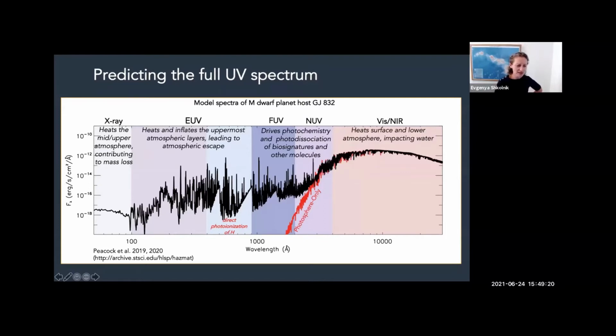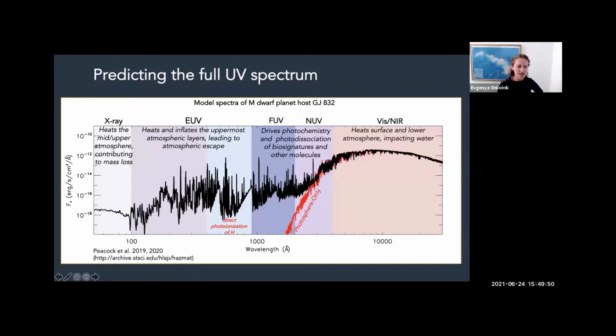And this region in the middle here, where you have direct photoionization of the hydrogen in the primordial atmosphere, is really, really key, but also rather non-coincidentally, is absorbed by the interstellar medium. So we will have a very hard time ever observing the EUV in this range from 400 to 900 angstroms for the vast majority of exoplanetary systems, especially those that are transiting, for which we will want transmission spectroscopy.